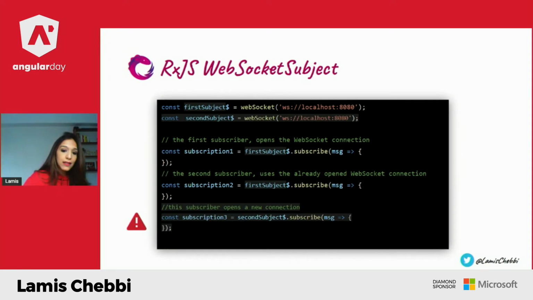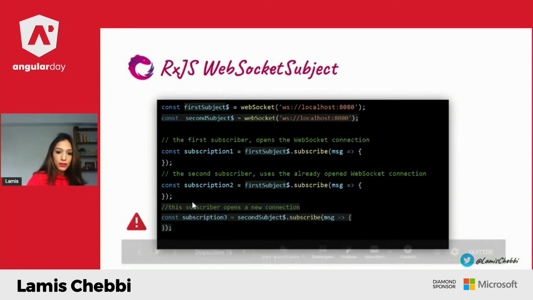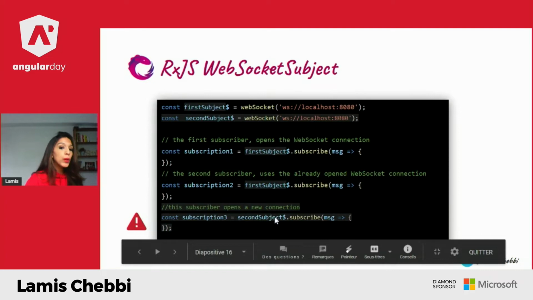Now, at the second subscription to the same instance, I am still using the first subject, so the system will check that there is already a WebSocket connection opened. So I will save resources and use this connection. Now, if I subscribe to the second subject, it will open a new connection. And why? Because it's another instance.